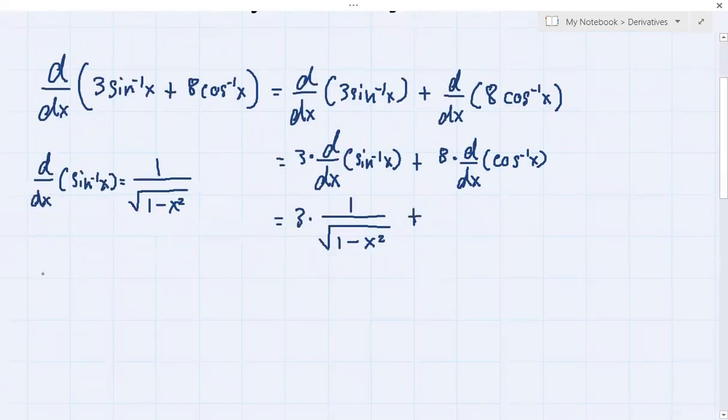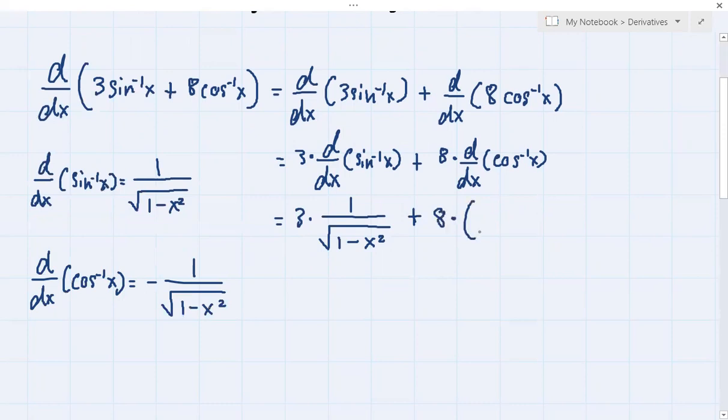Next naman is derivative ng arc cosine. So, ang derivative naman ng arc cosine, this is basically the same lang sila ng arc sine na derivative, pero negative na lang siya. So, magiging negative 1 all over the square root of 1 minus x squared. So, we will have 8 times negative 1 all over the square root of 1 minus x squared.